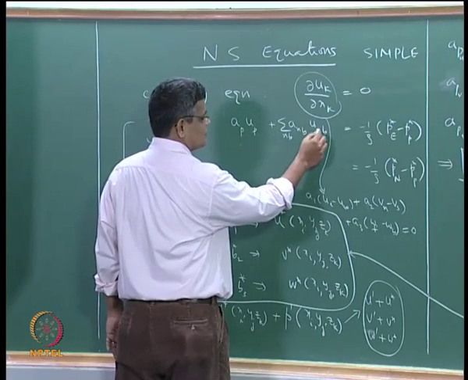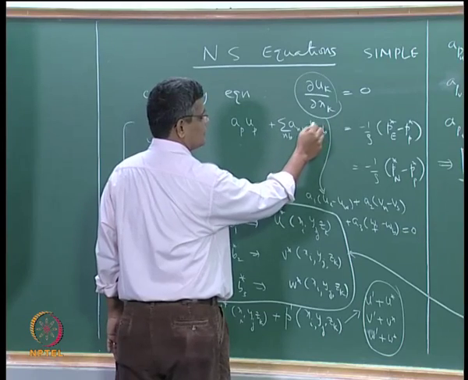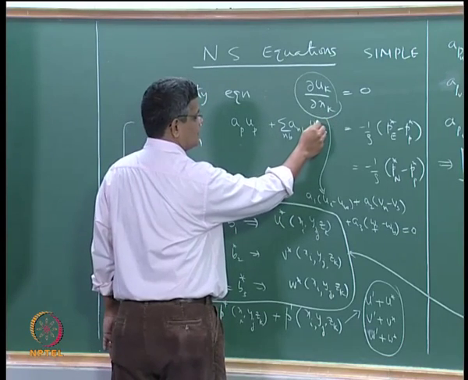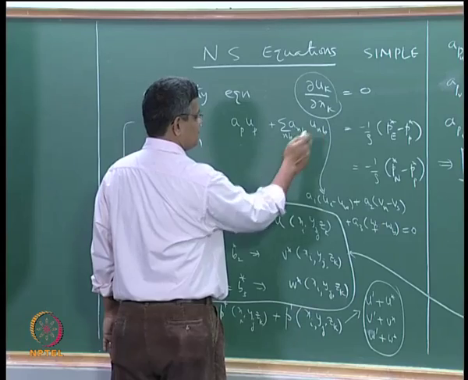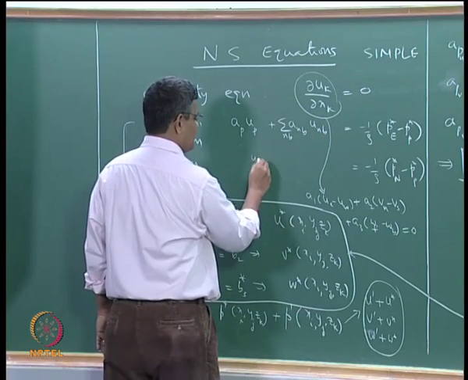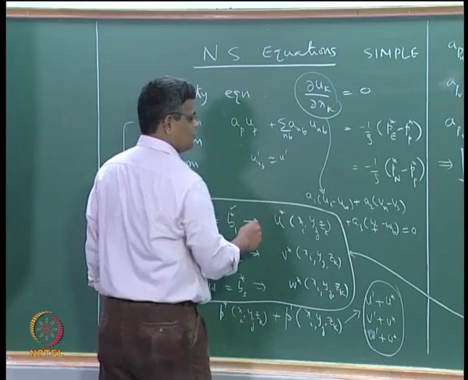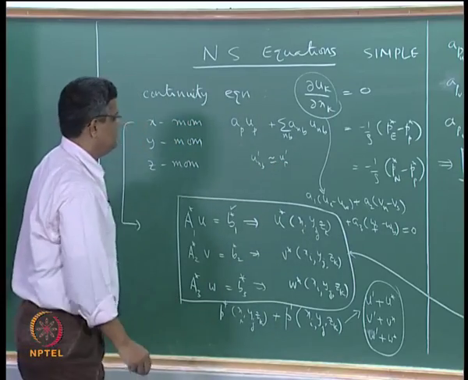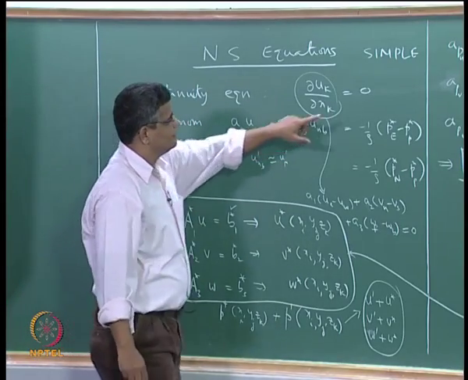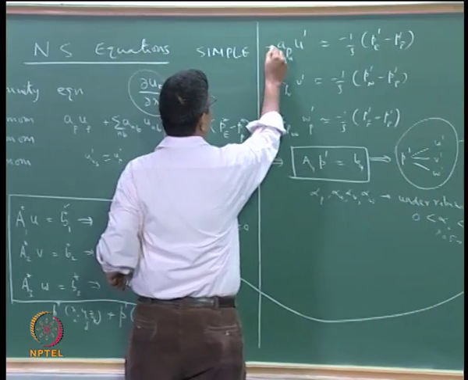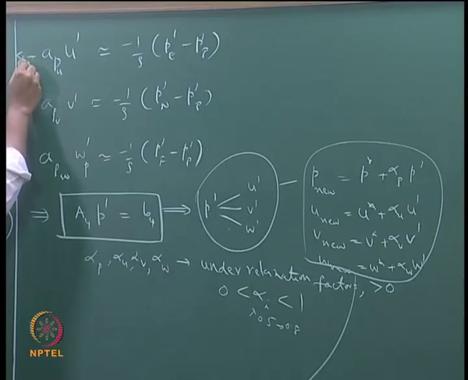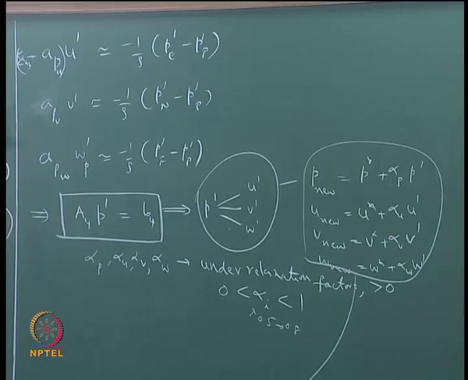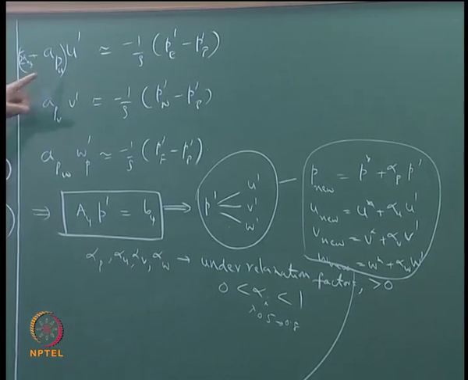So you can say that u_nb prime is equal to u_p prime, so that this expression here will become this plus a_nb. Okay, so that gives you a different estimate for this u prime.